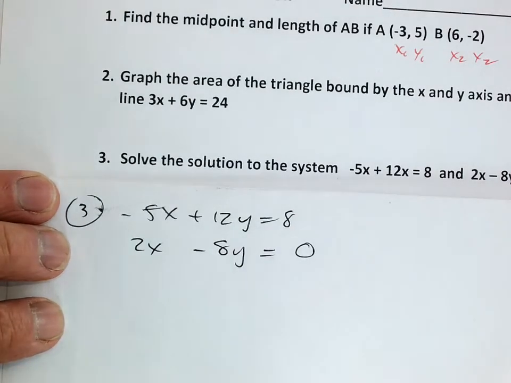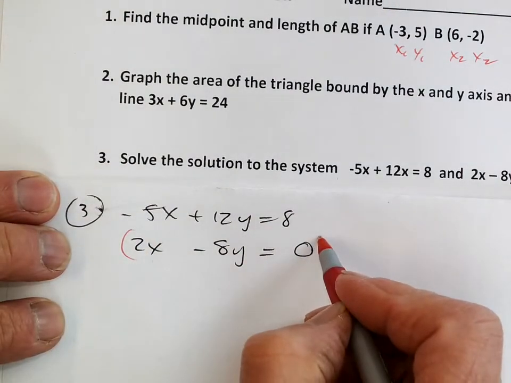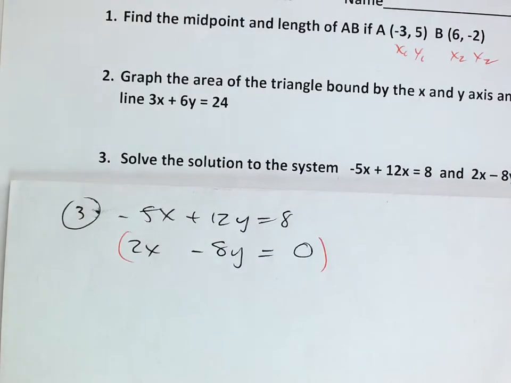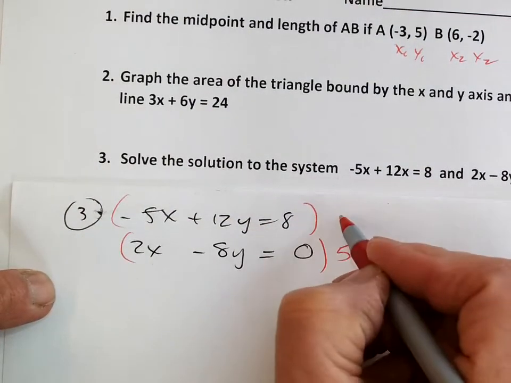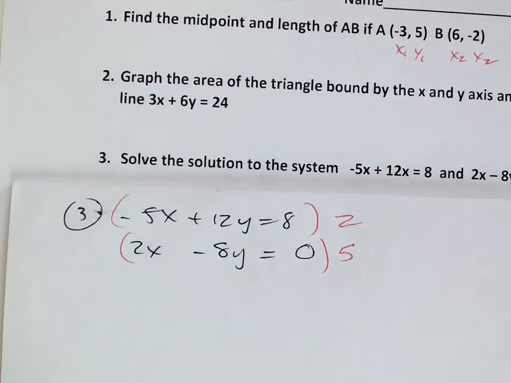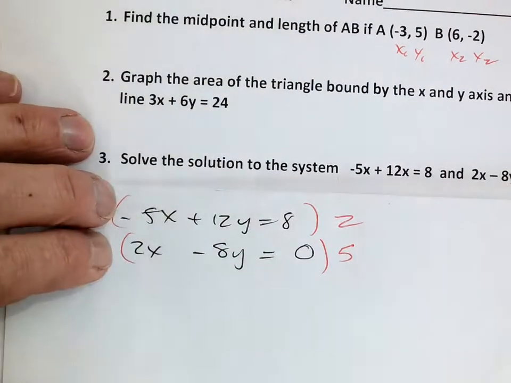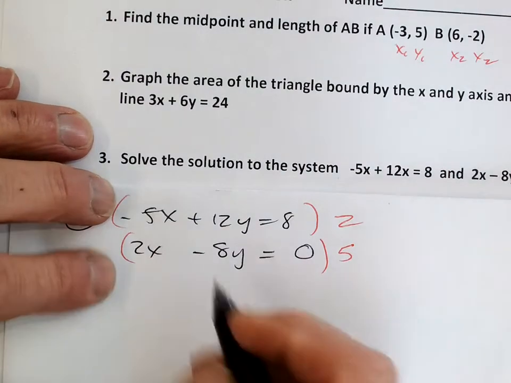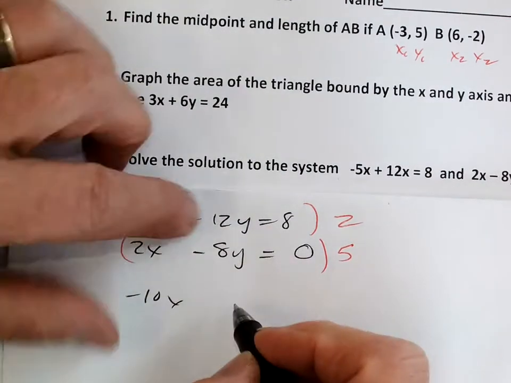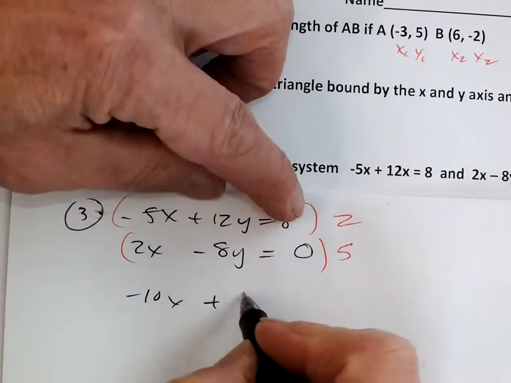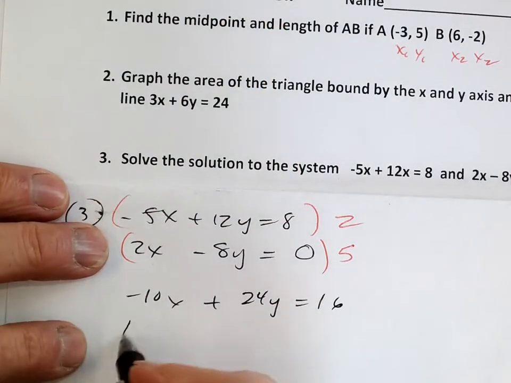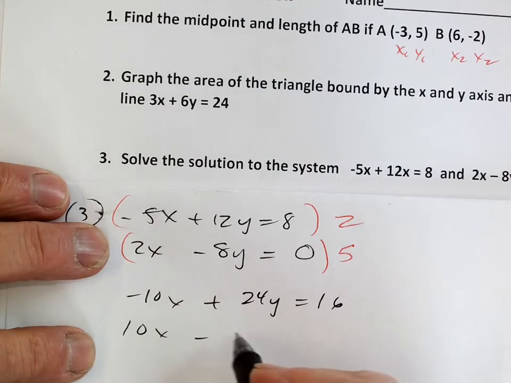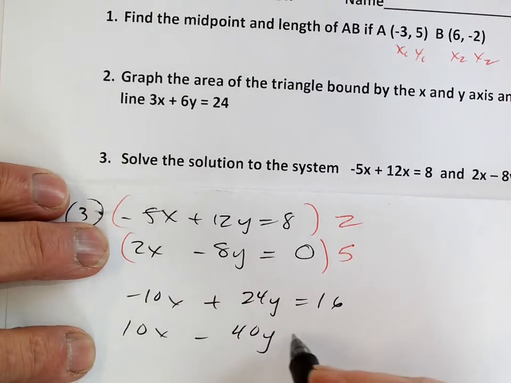So I think what I'll do is I'll multiply this one by 5. I'll multiply this one by 2. That's going to give me a 10, of course, but I don't mind that. I can deal with that. So I'm going to get negative 10x plus 24y equals 16. I'll get 10x minus 40y equals 0.